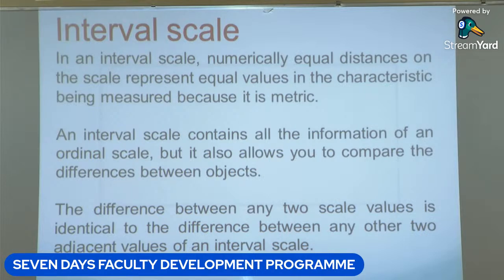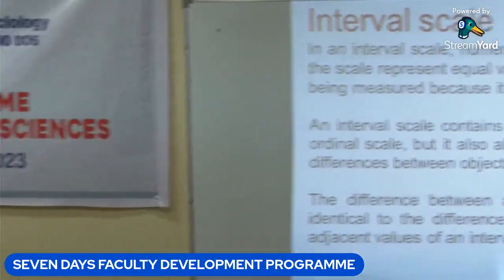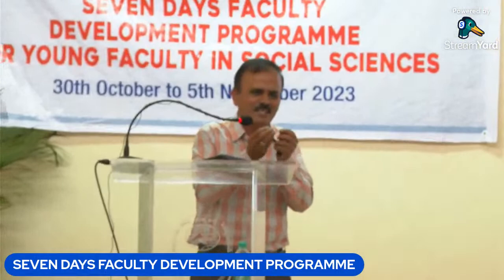And I hope, since we are all teachers, we know that the name given to a concept by different theorists itself indicates what it is. So that's why it is called an interval variable, because the interval is meaningful.